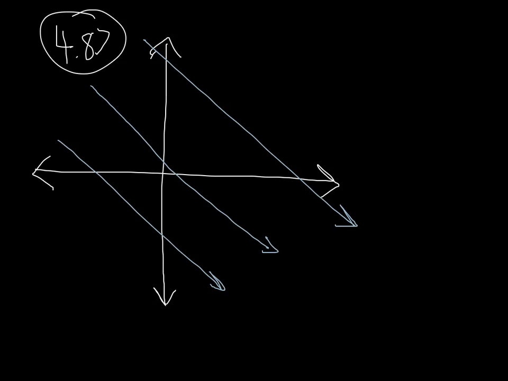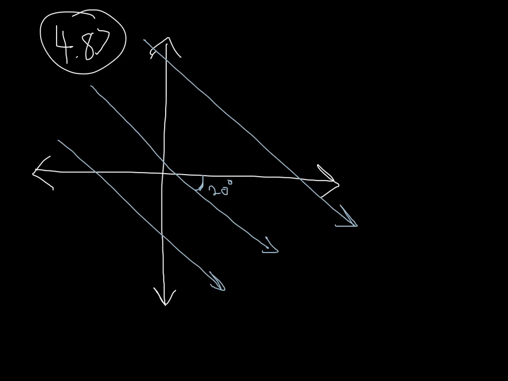And it's going to be moving 20 degrees south of east. So that angle right there is going to be 20 degrees. And that's where my water is actually going.